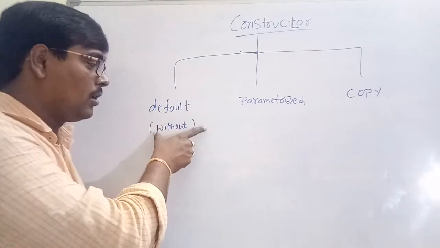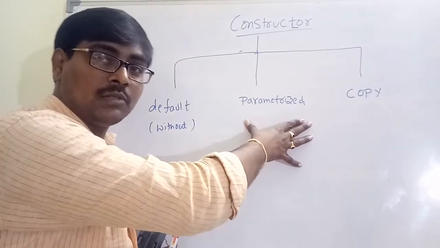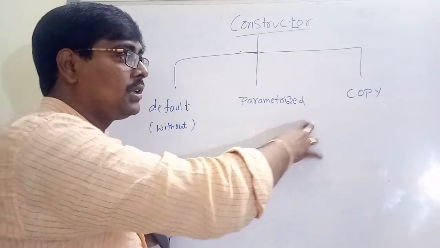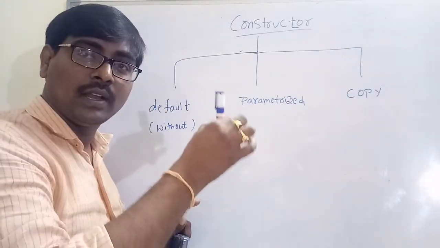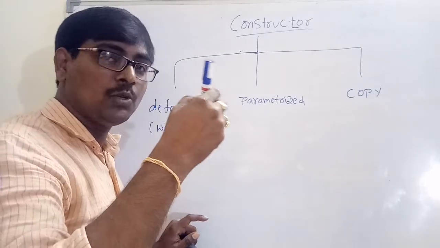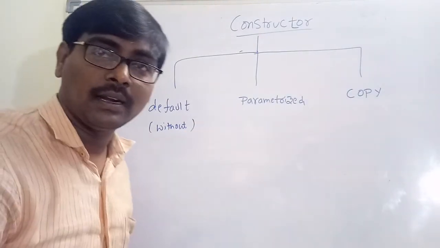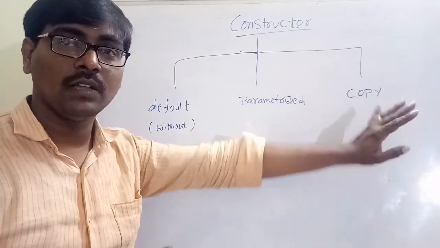You got it? Where I am not mentioning anything, that is the default constructor. Where I am specifying the parameters, that is the parameterized constructor. Here I am showing one example: I already defined this marker, simply showing it and asking for another one. That is the copy constructor. In the later sessions, we will discuss each and everything in detail.